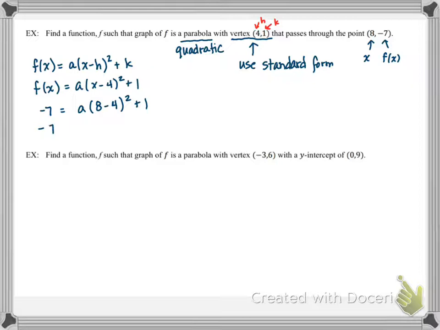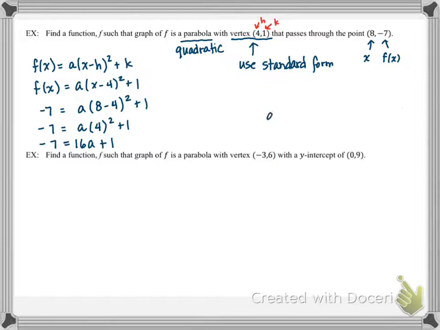So we have negative 7 equals a times 4 squared plus 1, which gives me negative 7 equals 16a plus 1. I strongly, strongly recommend that when you square the 4, you put your 16 in front of a. I see a lot of people do 16 plus 1 because they keep the 16 on the right side of the a, and it's just too tempting to add the two numbers.